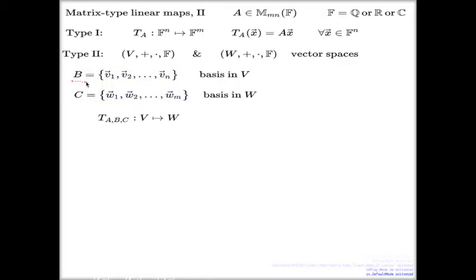It will depend on the choice of these bases, and in fact, it also will depend on the choice of the matrix up here. That's why I reflect this dependence as subindices here.